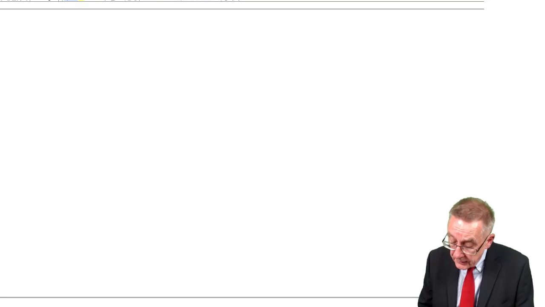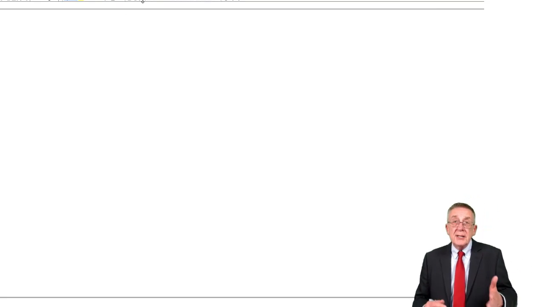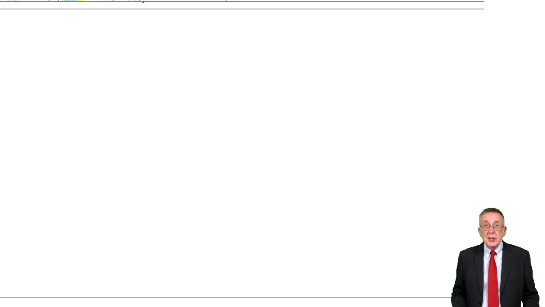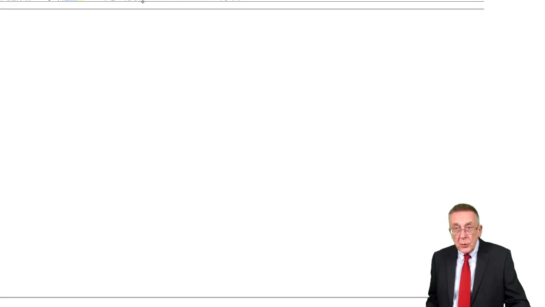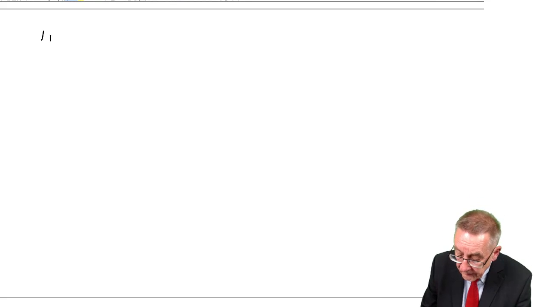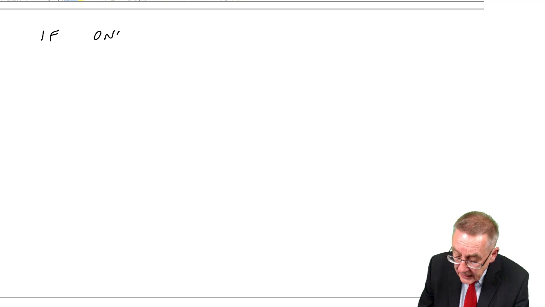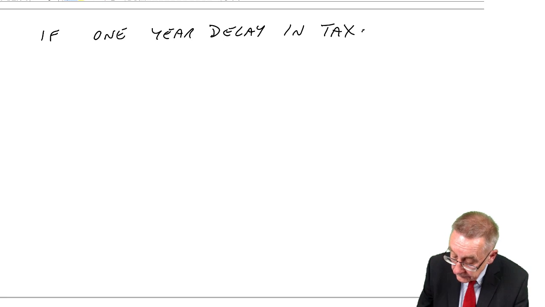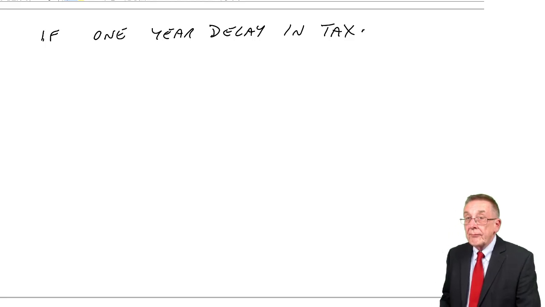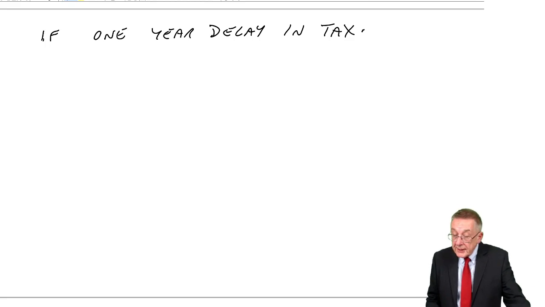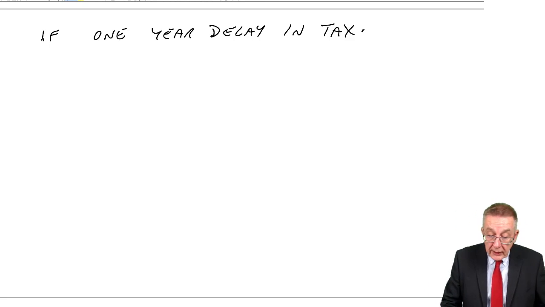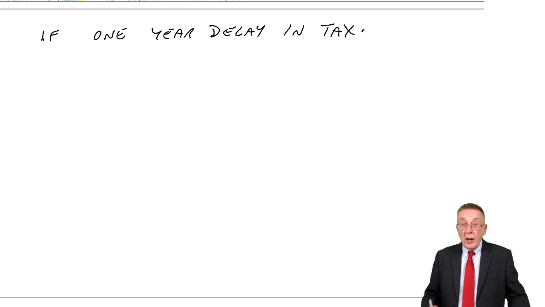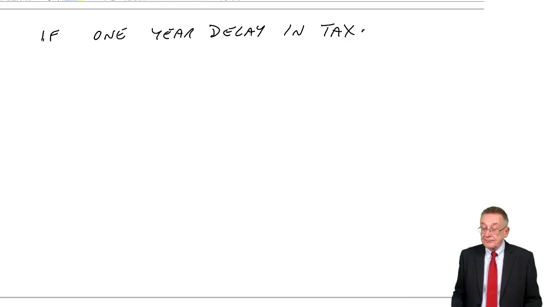And so all I can do is go back and listen to what I said when I explained the logic, but as a rule, if there's a 1-year delay in tax, the most common one, tax is payable 1 year after the end of the financial year.